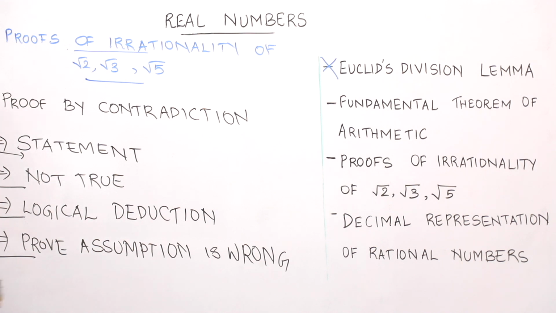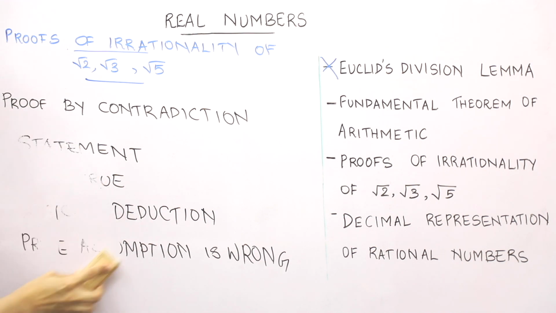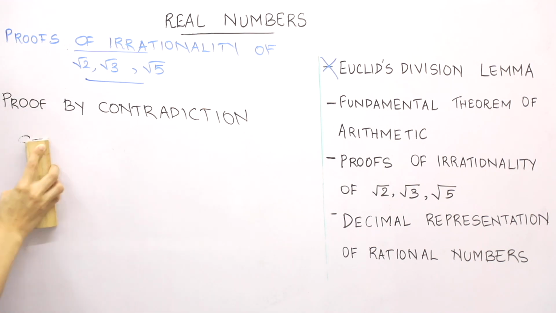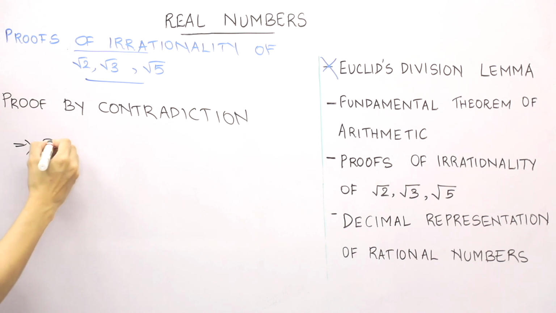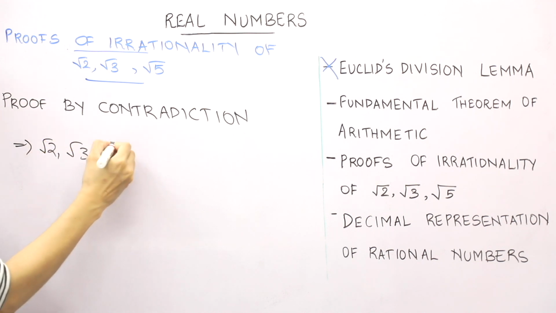What is our statement here? That root 2, root 3 and root 5 are irrational. So our assumption would be the opposite, which is root 2, root 3, root 5 are rational.